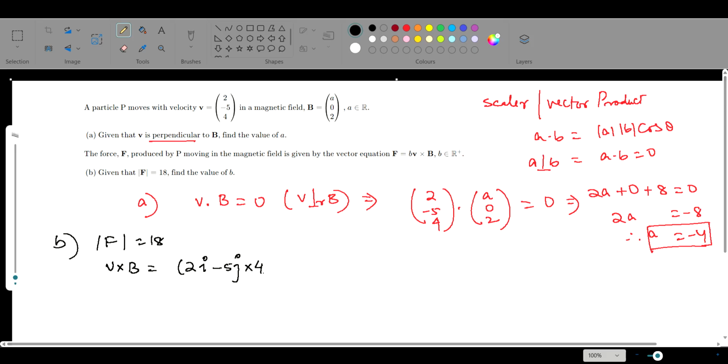Please do that in whatever way you have learned. A is minus 4, 0, 2, so B is minus 4i plus 0j plus 2k. I'm doing it here in my way: i, j, k, 2, minus 5, 4, minus 4, 0, 2.